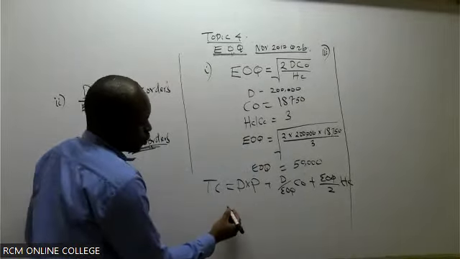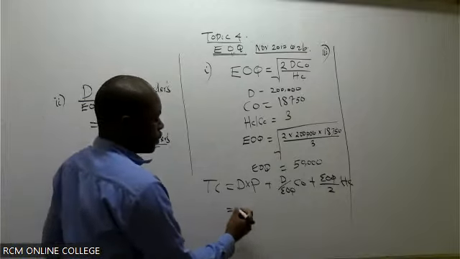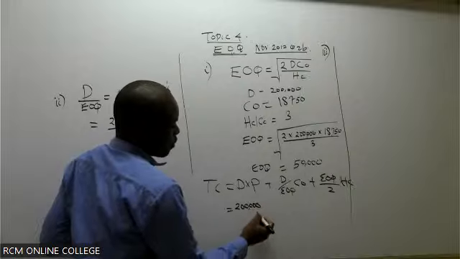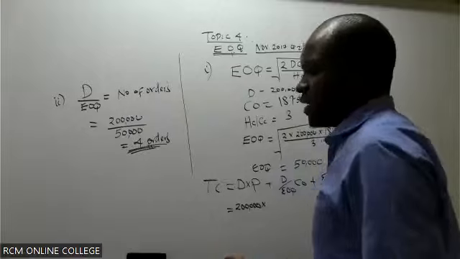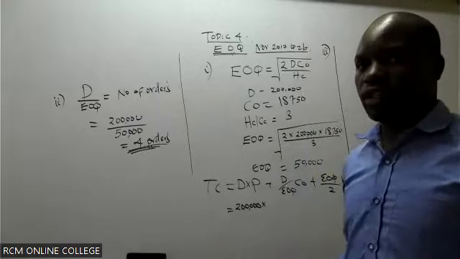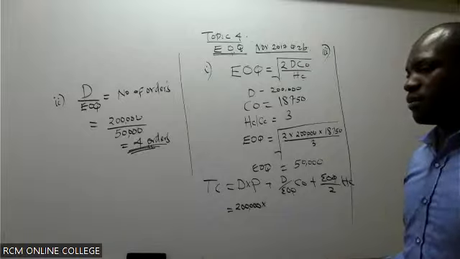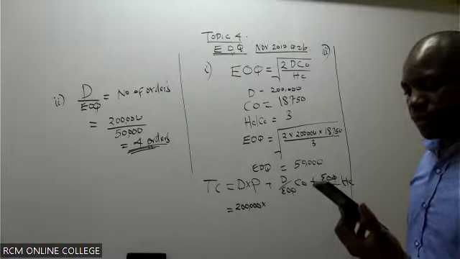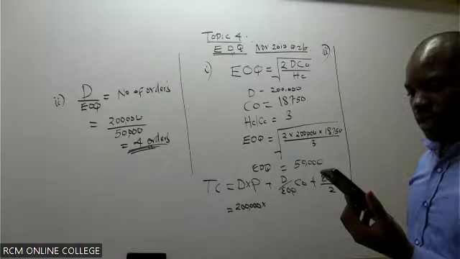So total cost will be equivalent to demand, which is 200,000, multiplied by purchase price. So within our question, do we have purchase price anywhere? Are we given purchase price?